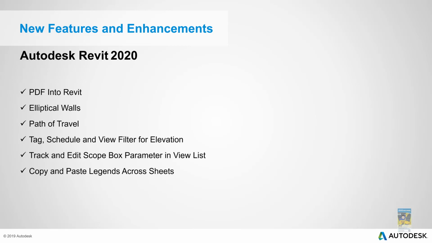We'll track and edit scope box parameters within a view list so that you can consistently make your views look correct. And then lastly, we can take legends and copy paste them across sheets, whereas in prior versions we could drag and drop the legend views into multiple sheets. This time we can copy paste and place it exactly in the same spot.